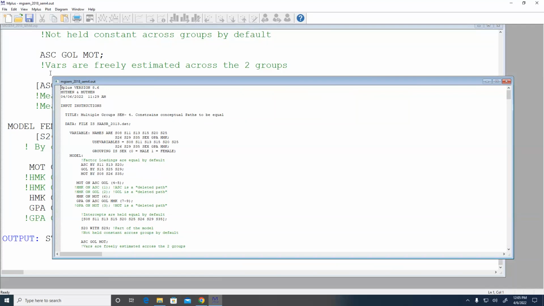You always have to be careful: whenever we're talking about endogenous variables, we're always controlling for stuff. It's important to remember that. We're not asking whether motivation, homework completion behavior, or GPA are different; we're asking after controlling for the variables that predict those things.